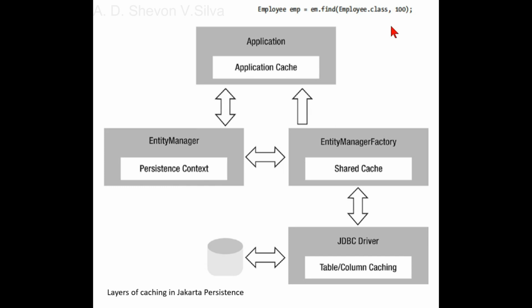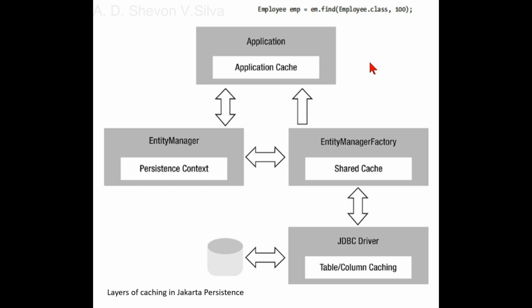The first thing that happens is that the client looks in its local cache for the employee and finds that it doesn't have the employee instance with ID 100.